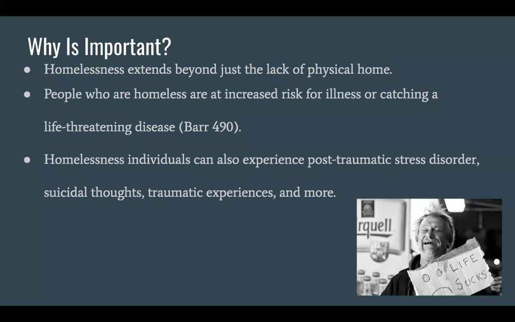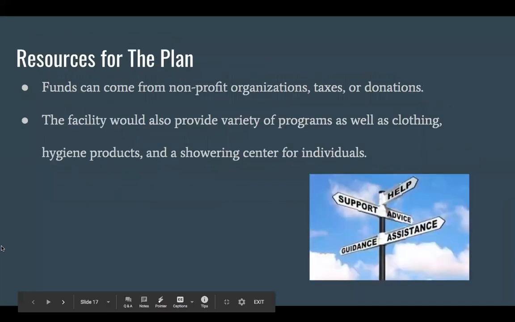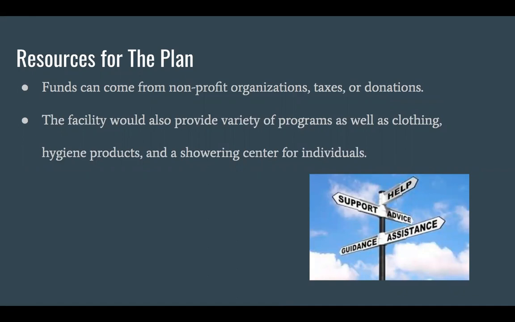For our next slide, sources for the plan. Our project will need funds that come from nonprofit organizations, tax, donations, or other resources in order to have the money to implement the solution.